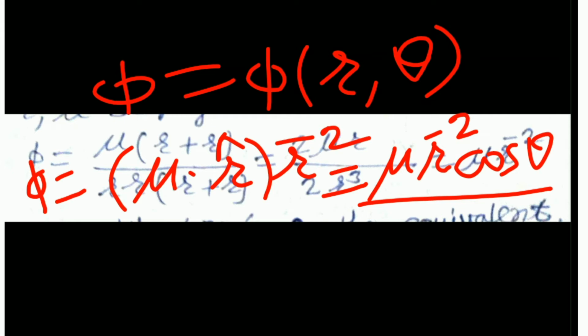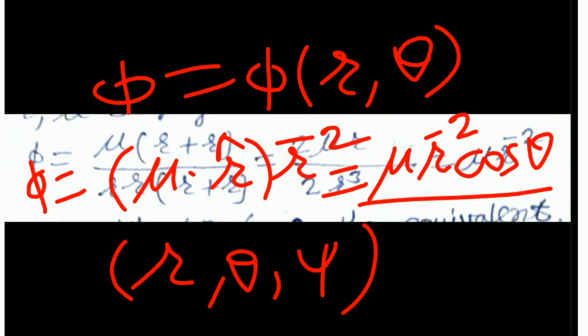Now taking P to have spherical polar coordinates r theta psi, referred to the axis of the doublet at the initial time.